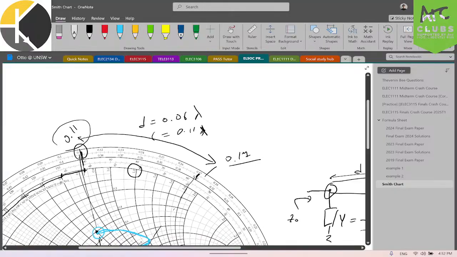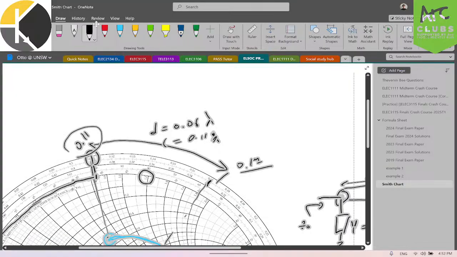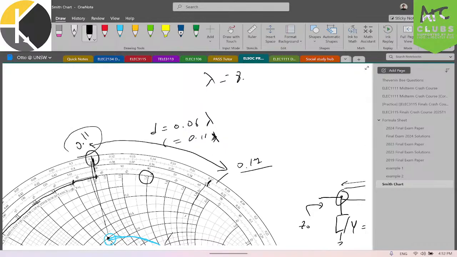And now you can convert those to actual centimeters by using the values that you found before. Because your lambda is equal to 8.63 centimeters, this will go to 0.518 centimeters, and this will be 0.949 centimeters.